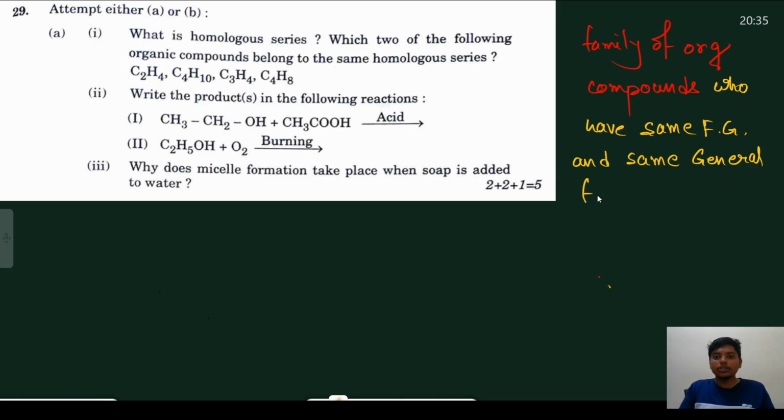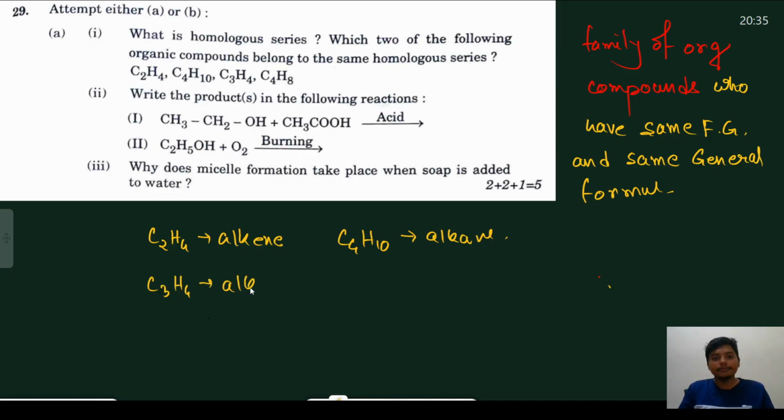Okay, they are known as homologous series. Here, C2H4 is nothing but alkane. Then C4H10 is nothing but alkane, it comes under the alkane series. Next, C3H4 comes under the alkyne series, and C4H8 comes under the alkene series.